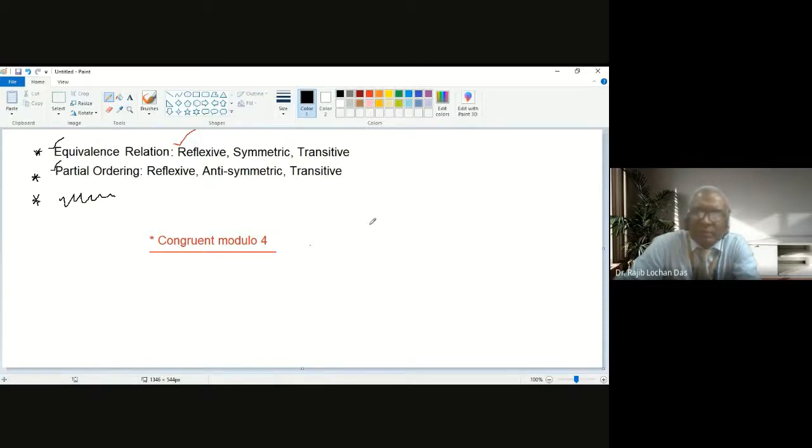Let me give you an example. Say 5 mod 4. What will be the answer? So 1. 5 mod 4 is 1. Okay, so what will be 9 mod 4? 2?